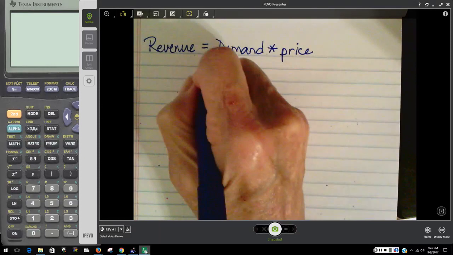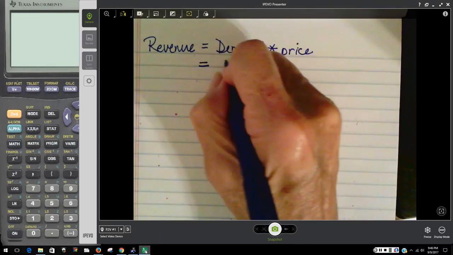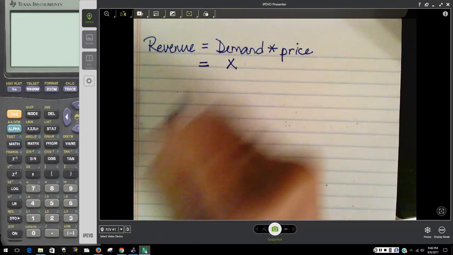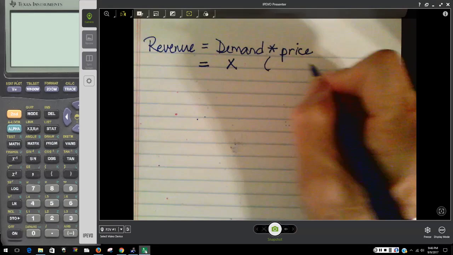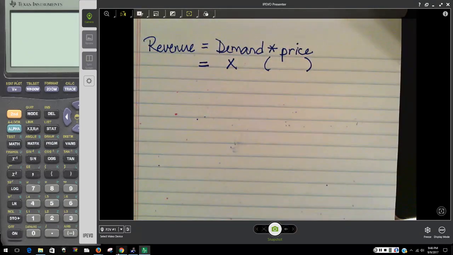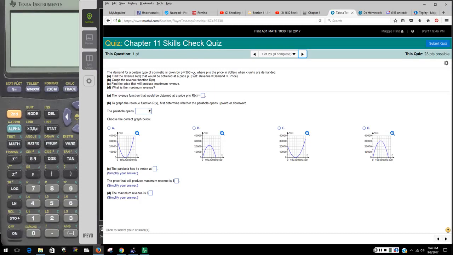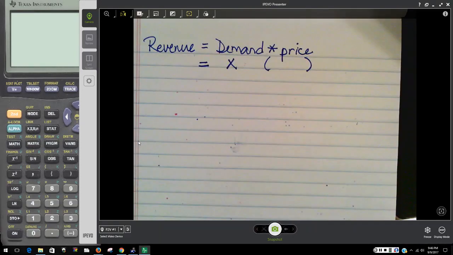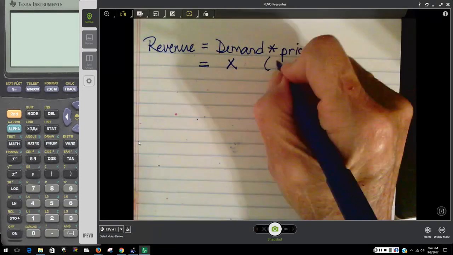And in this case, your demand is X for X units. And your price was 350 minus X.